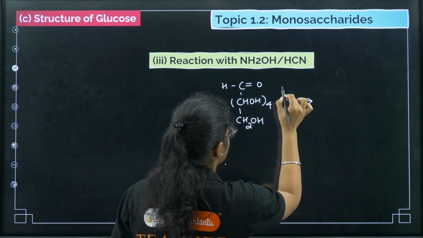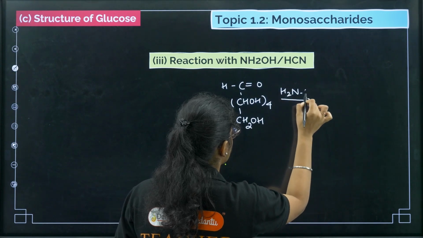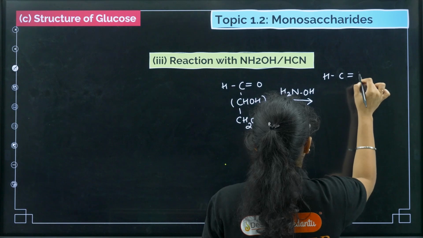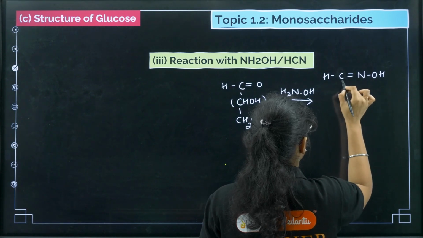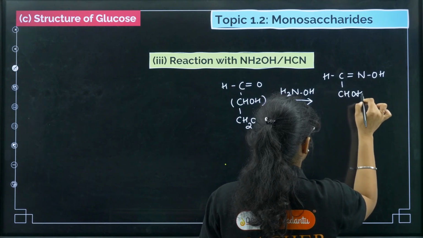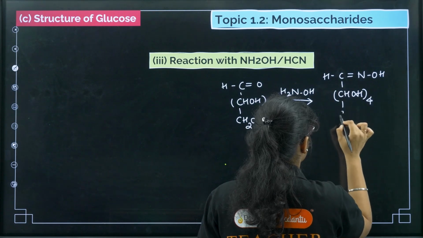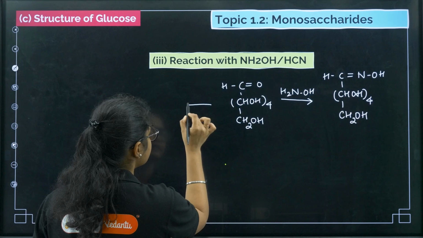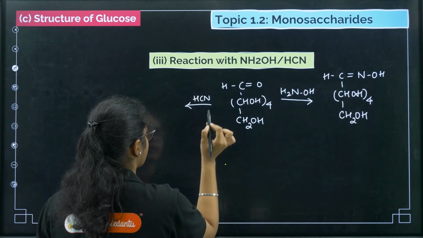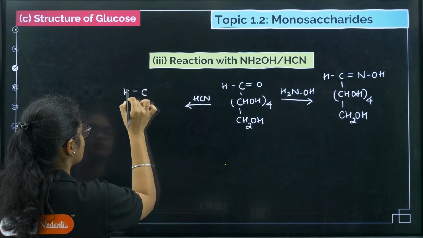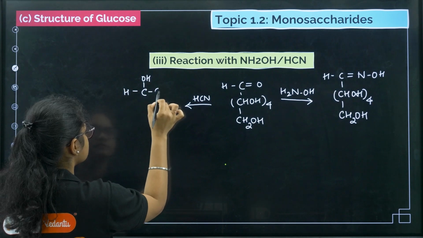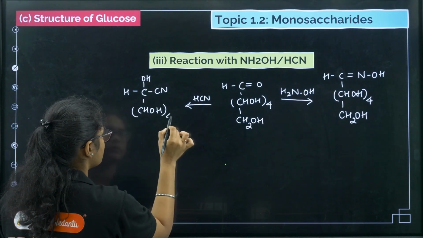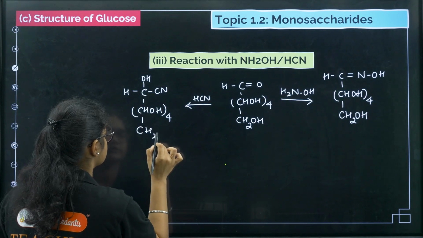Now if you react it with NH2OH, here we will get a product like this, CH=NOH, then we have CHOH whole 4 and then we have CH2OH. And then if you react it with HCN, then we get CH(OH)CN, then we have CHOH whole 4 and you have CH2OH.